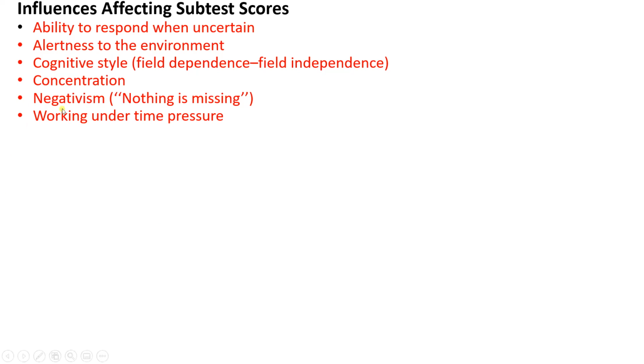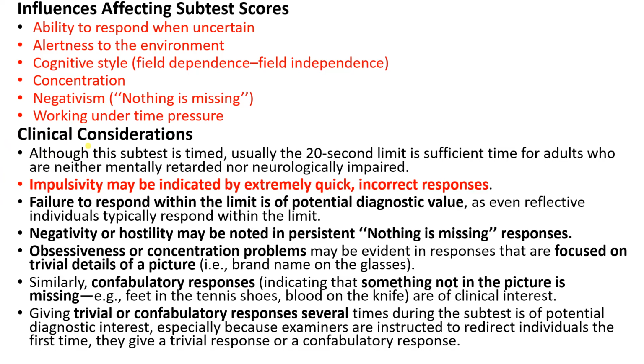Similarly, ability to concentrate, negativism may also be there. And since this is a timed test, this requires working under time pressure. So those who become nervous under time pressure, they may perform poorly on this subtest.